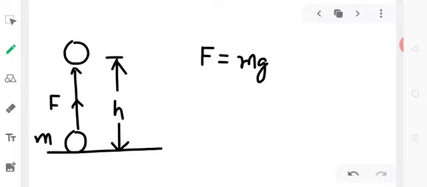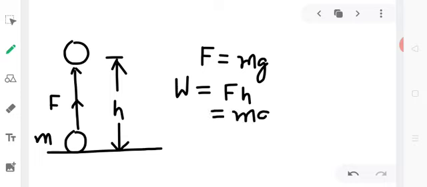Now, as the distance moved is in the direction of the force applied, therefore work done is equal to force into displacement, that is F into h. Now, if we substitute the value of F, we get mgh. So work done comes out to be equal to mgh.